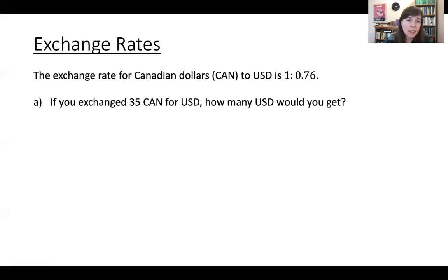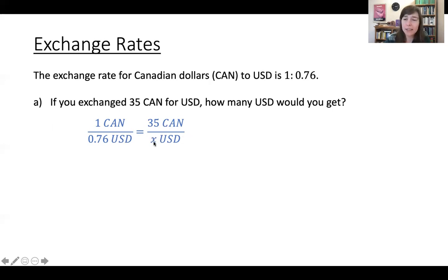The way that I like to think about it is I take this ratio, 1 Canadian dollar to 0.76 US dollars, and I write it as a fraction of Canadian dollars to US dollars. Then I say, that ratio of Canadian to US dollars has to be the same as 35 Canadian dollars to some number of US dollars.